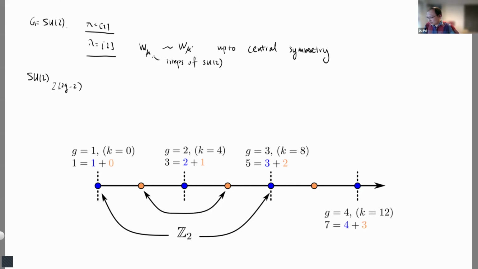So when G equals 2, what's happening is that those are the relevant Wilson lines. But the Z2 symmetry acts in this way. It would relate these two blue dots, relate these two orange dots, and fix this blue dot in the middle. So this is SU2 level 4.